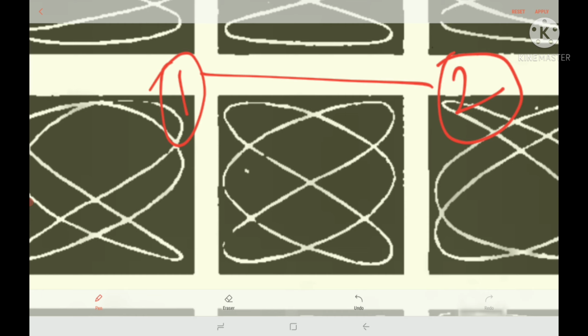Suppose the x completes only 1.5 of its oscillations when the other part completes one of its oscillations. So you can say that the frequencies are 2:3 or 3:2.